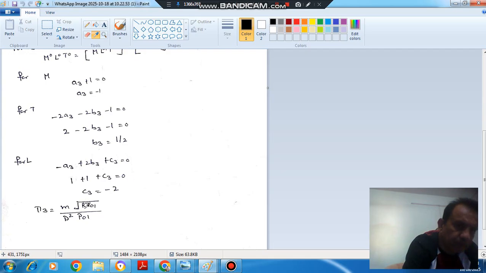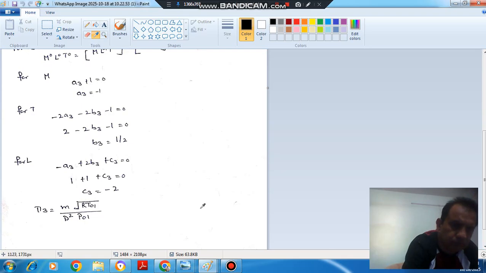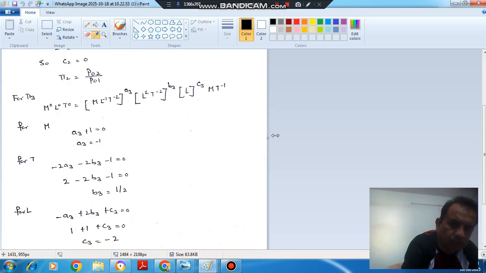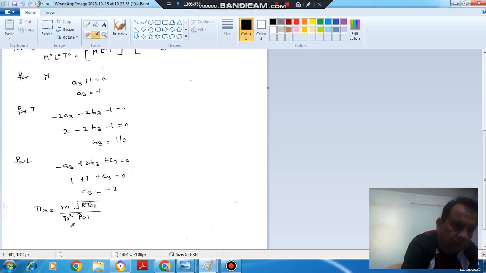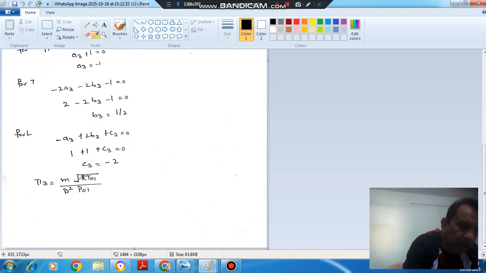So the pi 3 term will be m root RT01 divided by D squared P01.